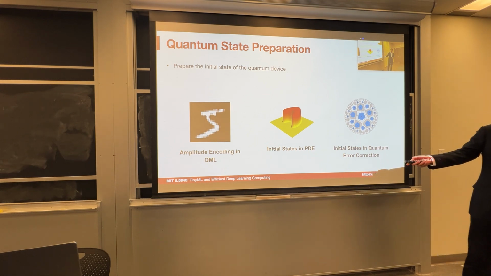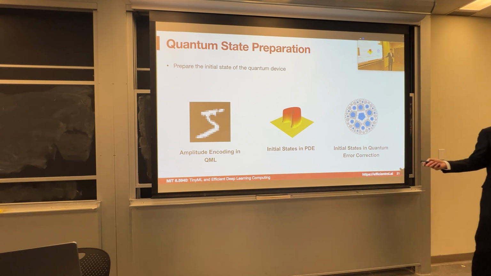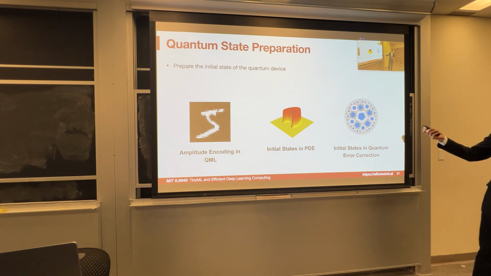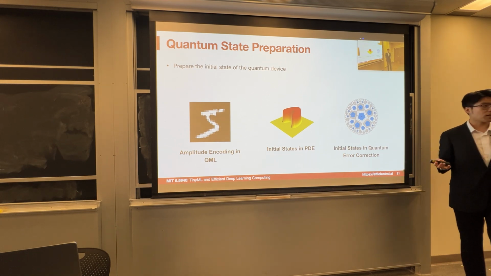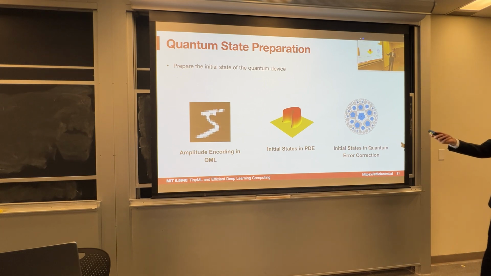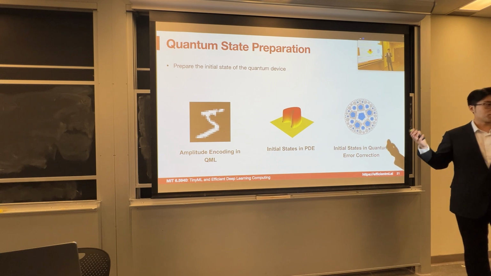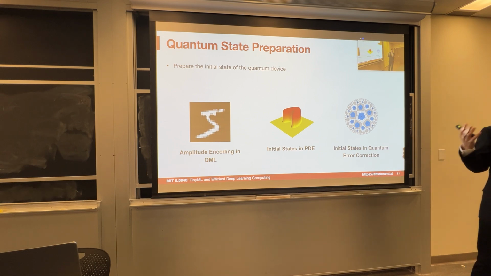You also need to initialize the quantum state with the system's initial state. And also for some error correction codes, for example, color code or surface code, you have a specialized structure for all the qubits' initial state. So state preparation here is actually important: if you have a very good start fidelity of the state, you can expect better fidelity for the later operations on the qubits.